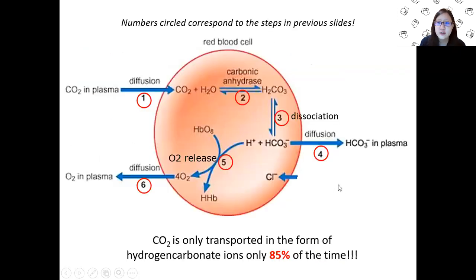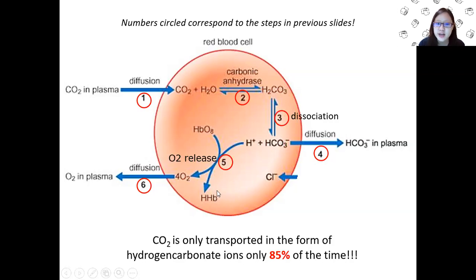So this is just a diagram of what just happened so far. CO2 in the plasma gets diffused in, carbon dioxide and water, H2CO3, and then dissociation, and then these processes. But what is important here is the formation of HHB.